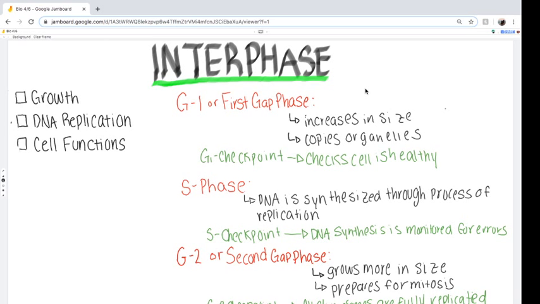And this completes interphase. Now, the cell is ready to go into the M phase if it goes through all the checkpoints.